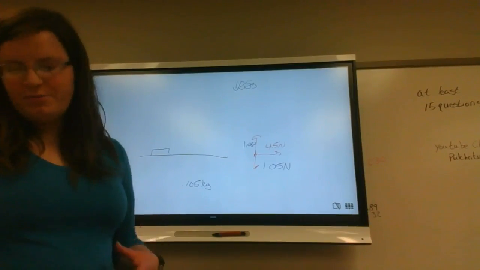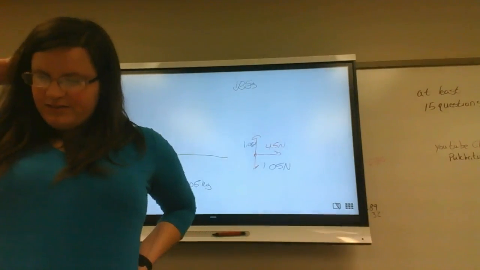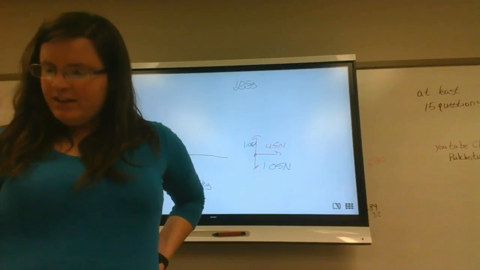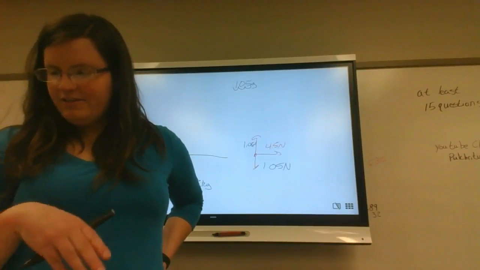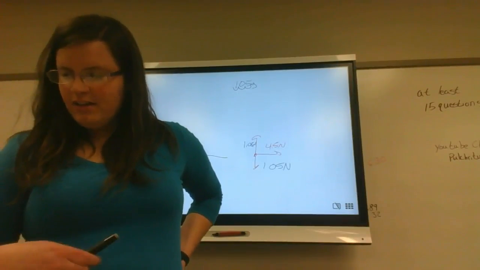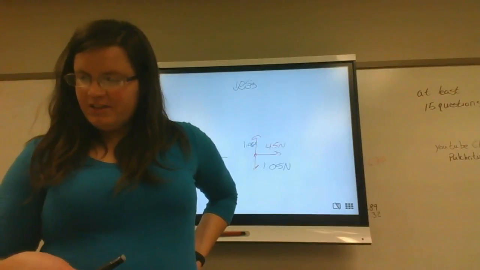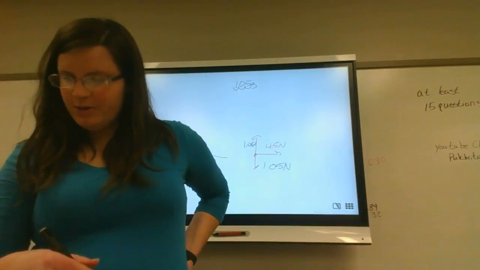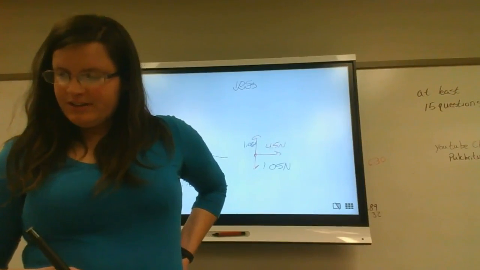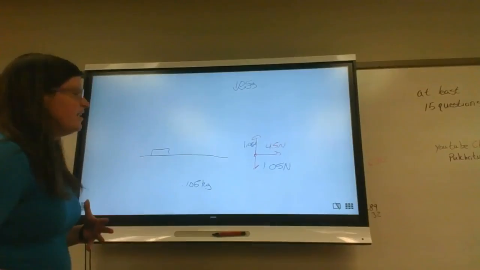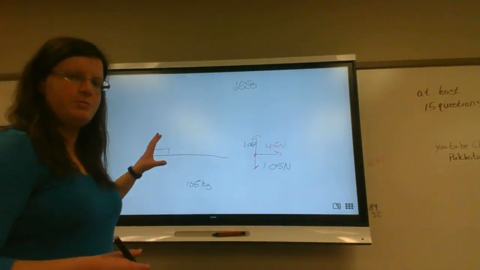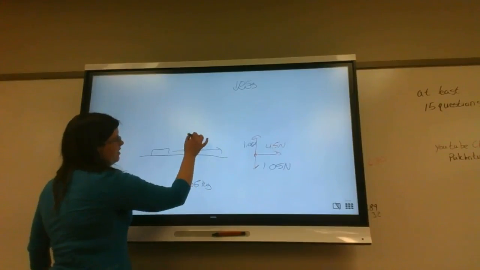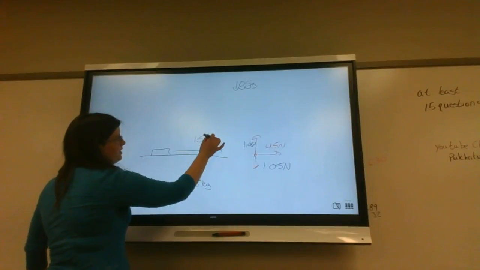Okay, so let's refer back to the problem. The problem says a hockey player uses a stick to exert a constant 4.5 Newton force forward to a 105 gram puck sliding on ice over a displacement of 0.15 meters forward. How much work does the stick do on the puck? So it's asking for work. So the only thing we're missing on the board right now is distance. And we know that this puck is going to travel 0.15 meters.